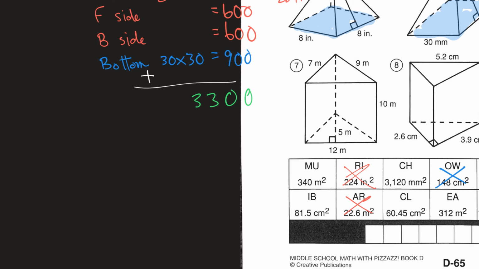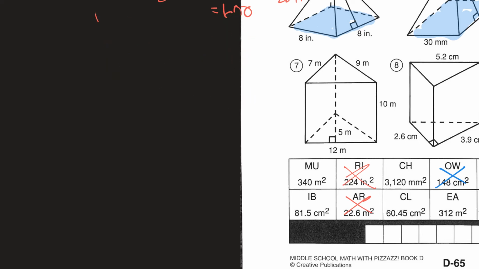Okay, now we're on to the more challenging ones here. We have these triangular prisms. Now, this could be a little tough. Good thing you're up to the task. So, how many sides do we have? We have a top and a bottom.